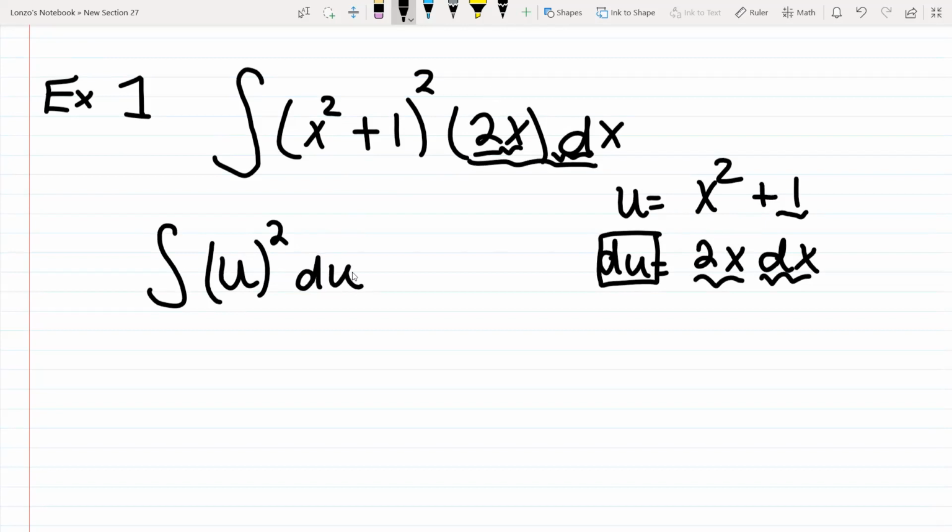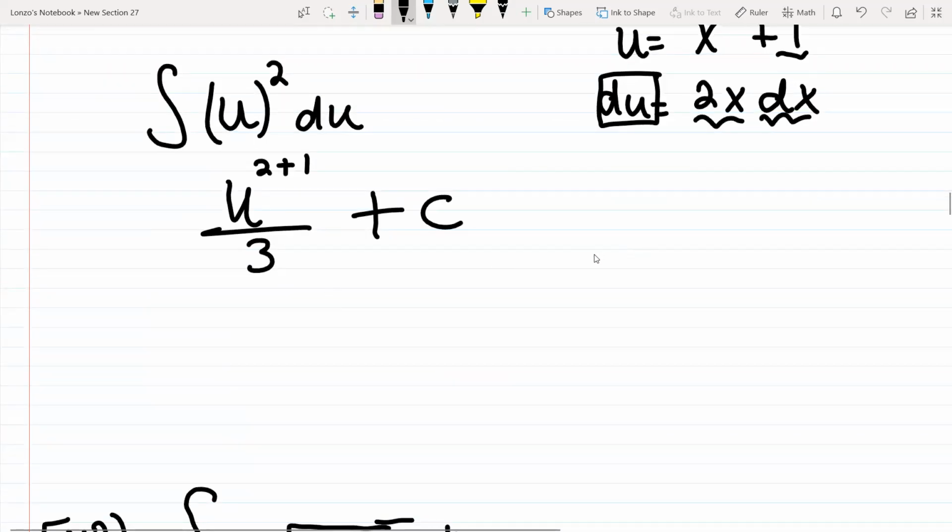Then we're going to simplify. What is the integral of u squared? Simple power rule. It's going to be u to the 2 plus 1 over that power, which is 2 plus 1 is 3. And don't forget, because there are no boundaries, you have to add plus c. So this simplifies to u cubed over 3 plus c.